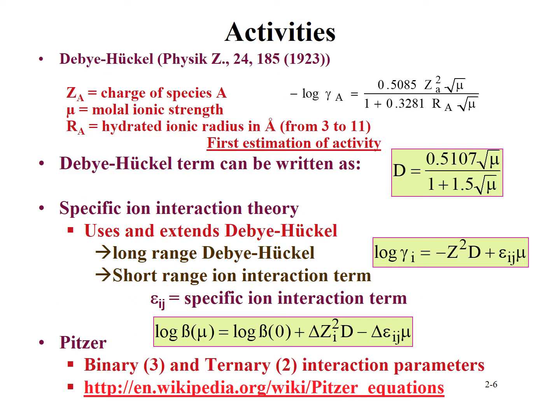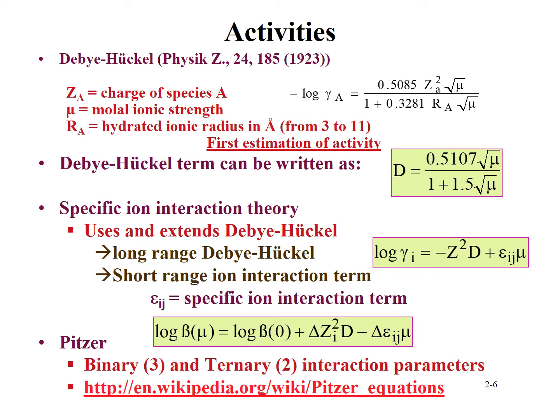Now there's a number of different equations that are used to evaluate activities. One of the earliest is the Debye-Huckel equation listed here. Rather straightforward equation. Here's your activity coefficient, where we have some constants, and some of the conditions involved in here are the charge of the species, the molal ionic strength, so not molar but molal, and the hydrated ionic radius in angstroms.